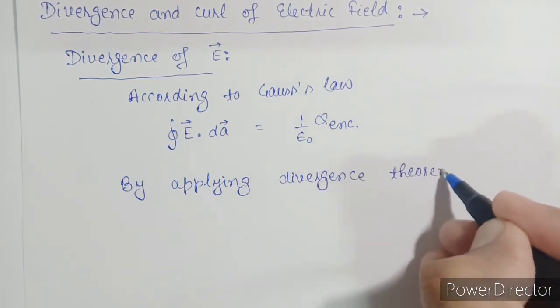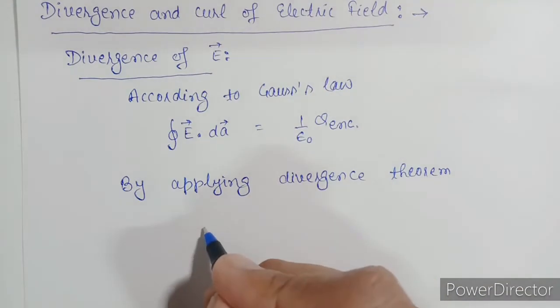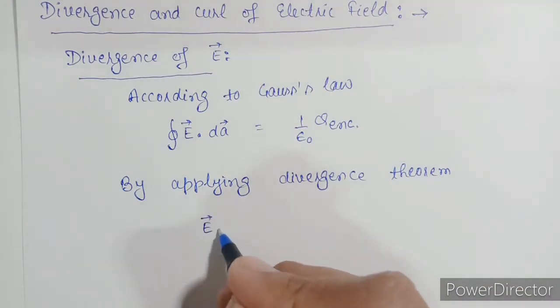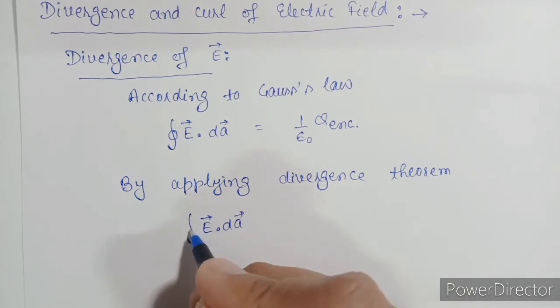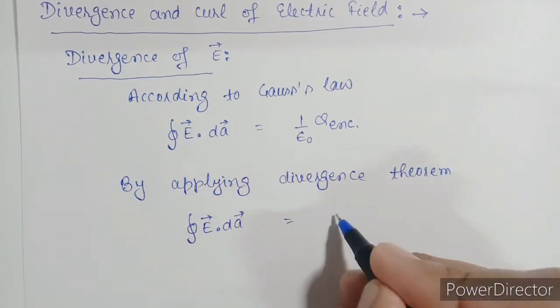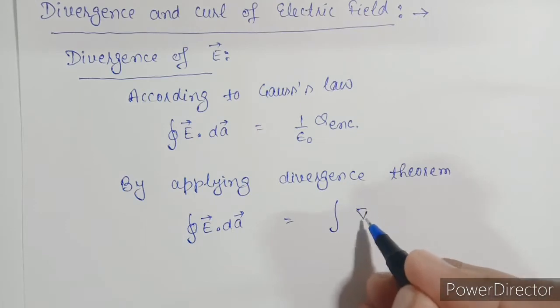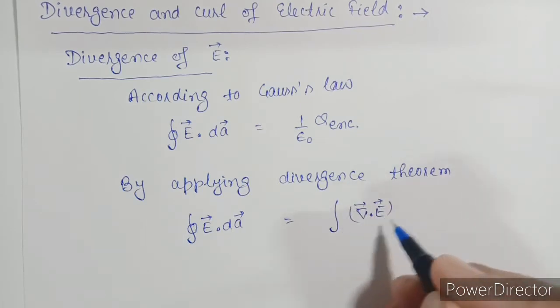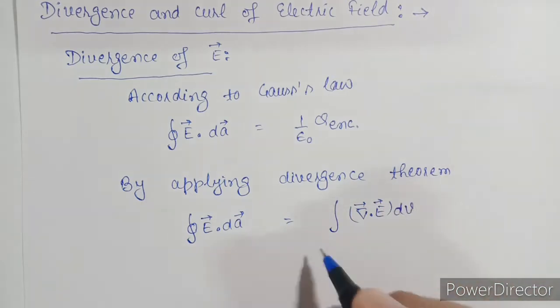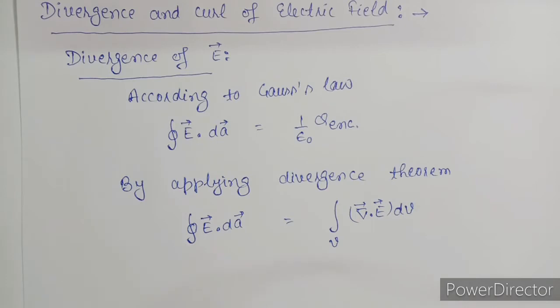When we apply the divergence theorem, we can transform the surface integral into a volume integral through this relation, that is the integral of the divergence of electric field dV, where V is the volume.